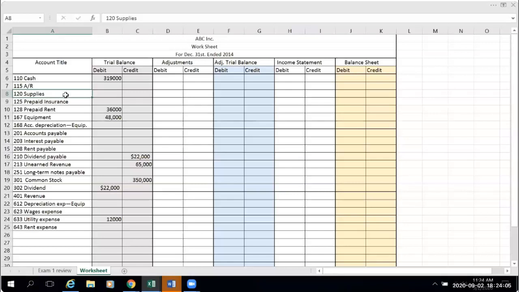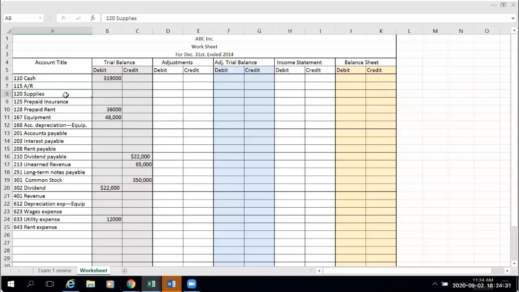But now at the end of the year, I have barely $1,000 worth of supplies left. So what's the difference between the $5,000 you purchased and the $1,000 that is left? That is used. So we have to recognize that as supplies expense. Supplies expense, you recognize it at the end of the year, okay?